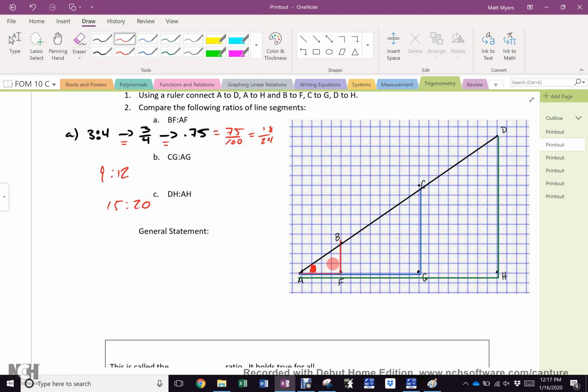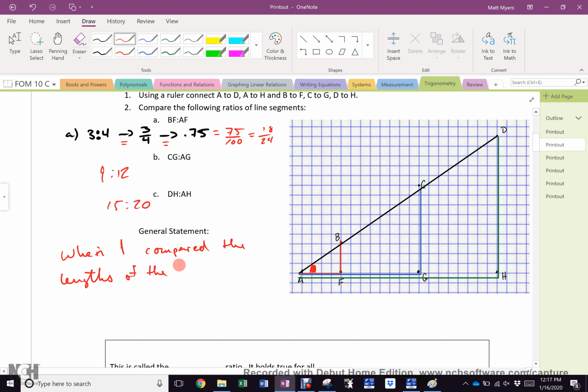So, when I compared the lengths of the... Are those the legs or the hypotenuse? Are these two things we compared the legs or the hypotenuse? They're the legs, right?